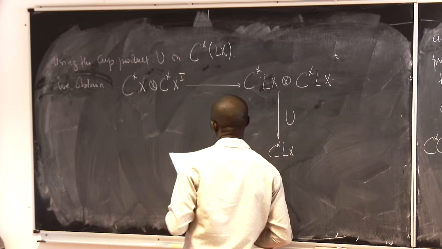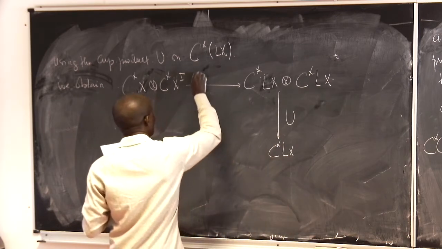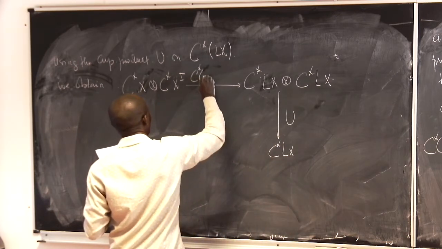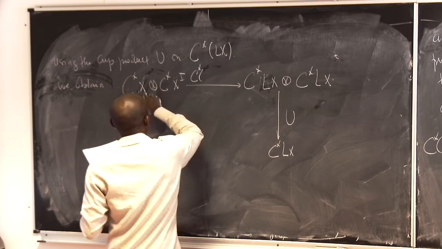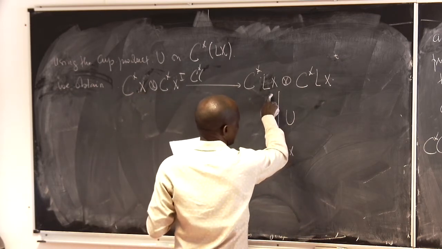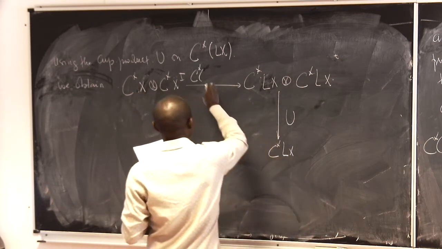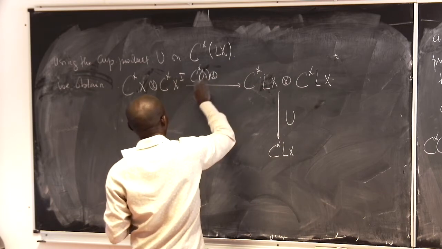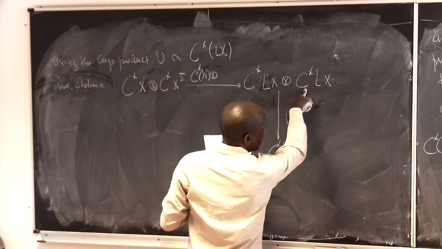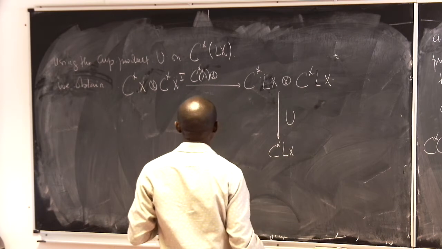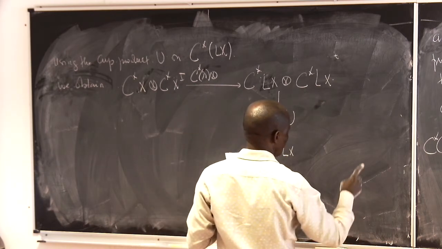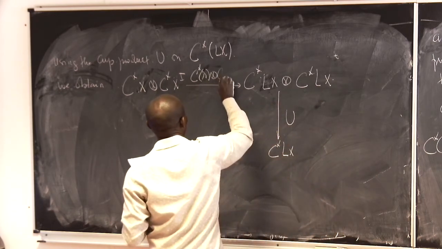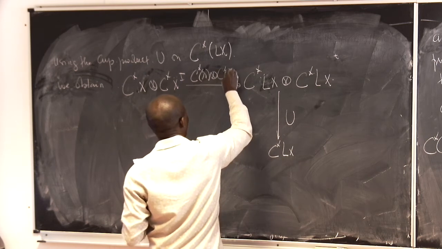This is a coproduct. Here we have to go there. We have lambda. To go there, we have C star of delta bar.